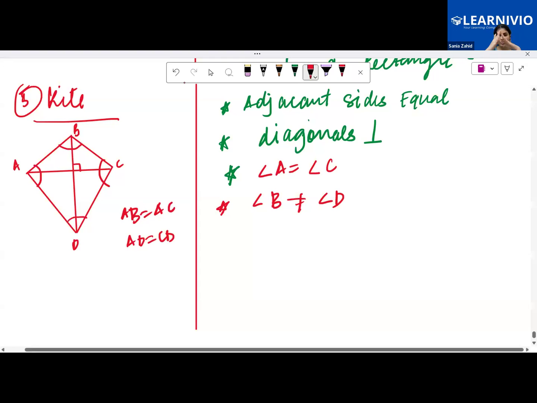The two lines are closer together downwards, but they're far apart at the topmost surface of the kite. So that is why angle B and angle D are not equal. But angle C and angle A kind of form the same combination. So that is why angle A and angle C will be equal, but angle B and angle D will not be equal. Do you understand this? Yes, ma'am. Okay. Now I shall give you a few questions.